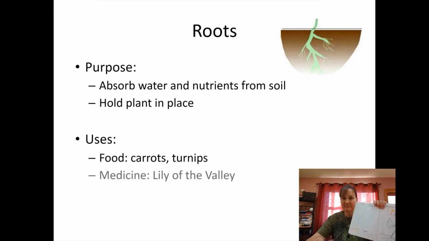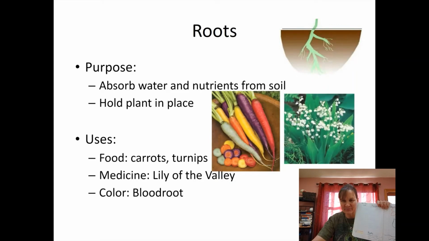Now you do not have to write all these examples of uses in your notebook. You don't have to. I just recommend that maybe you write at least one. So you write whichever one you want. So we said food, carrots and turnips, medicine, lily of the valley. And if you're not sure what those things are, I also try to include some pictures of these items.